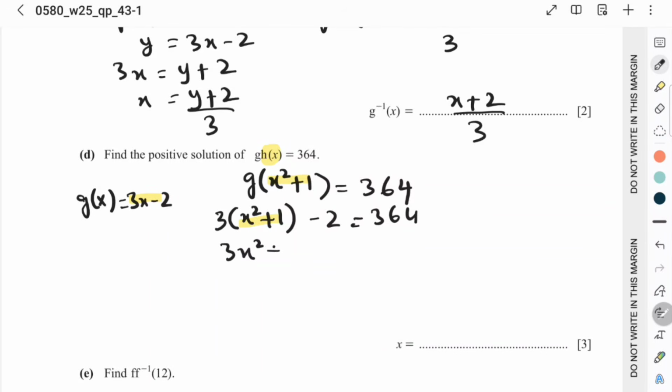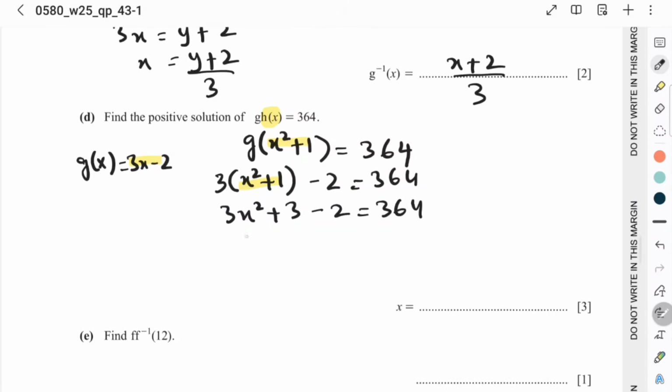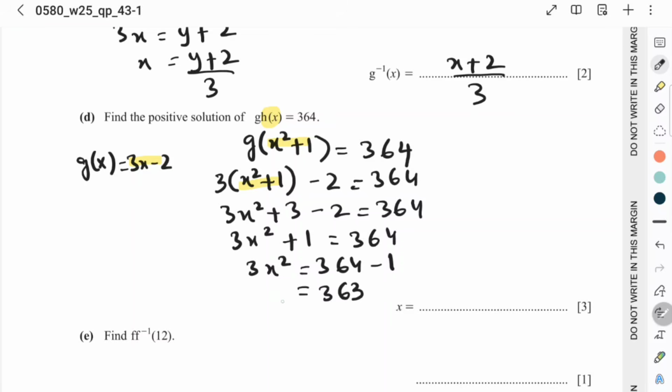Now that is equal to 364. 3x square plus 3 minus 2 is equal to 364. 3x square plus 1 is equal to 364. 3x square is equal to 364 minus 1, which is 363.